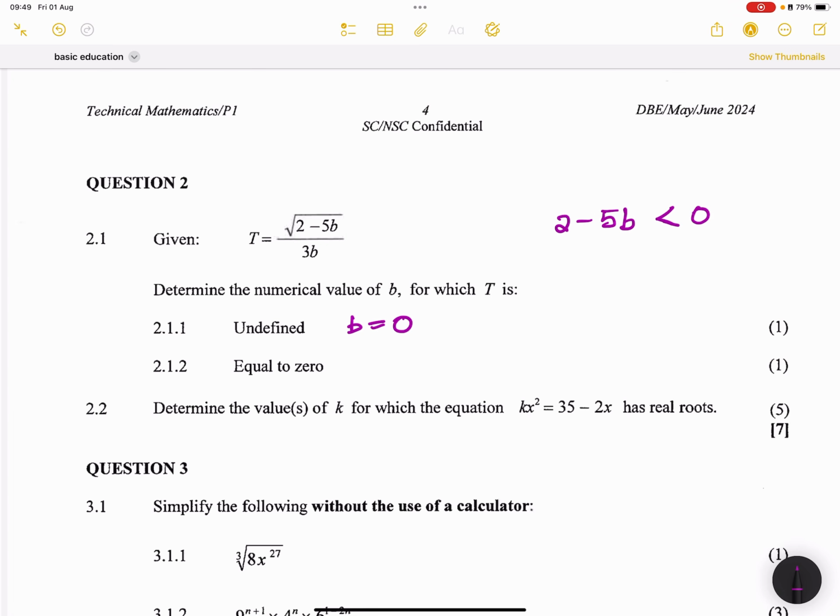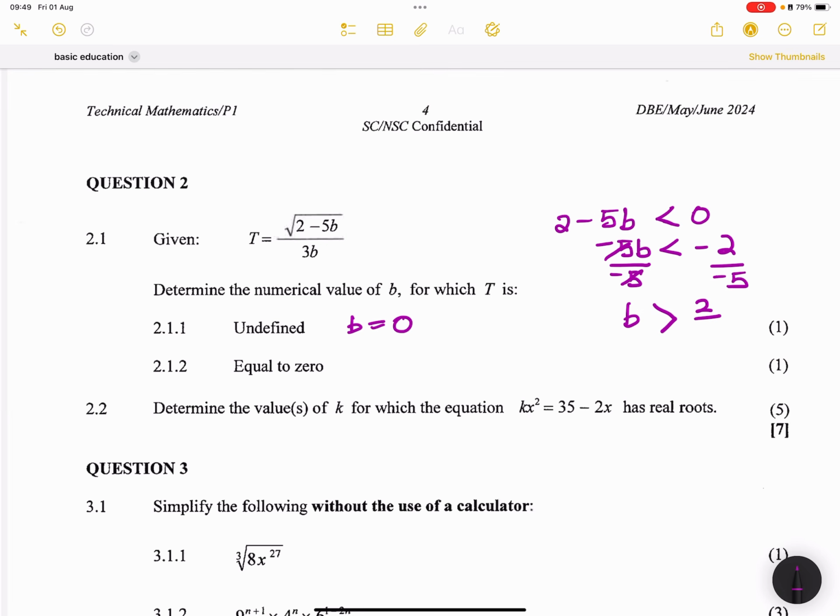So I'm going to say that's minus 5b is less than negative 2. Now please remember, when I divide by a negative, so I'm going to divide both sides by negative 5, the inequality sign should change. So that means that b must actually be greater than 2 over 5.